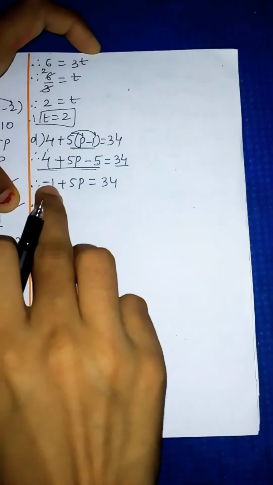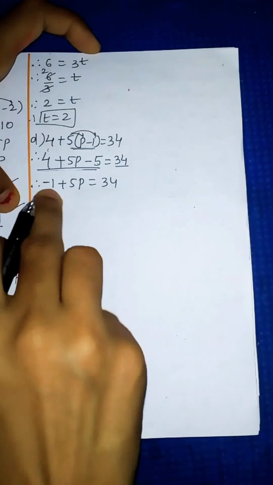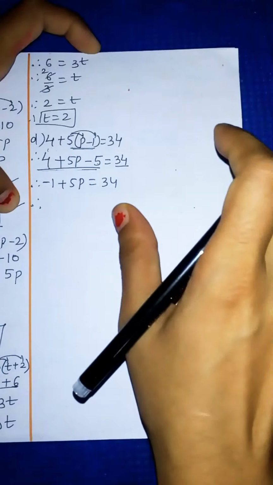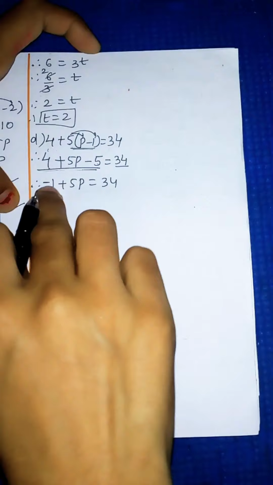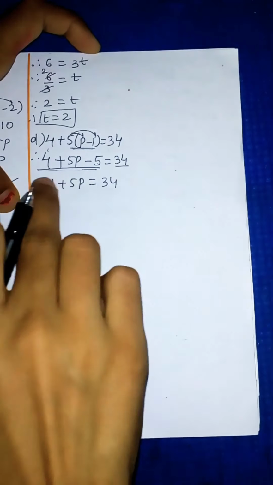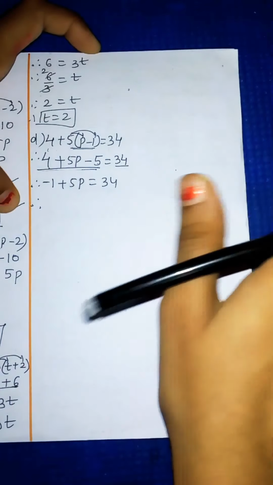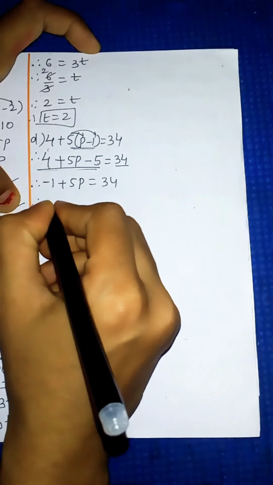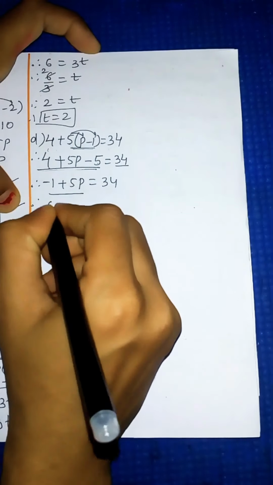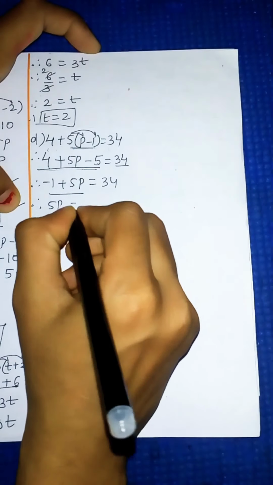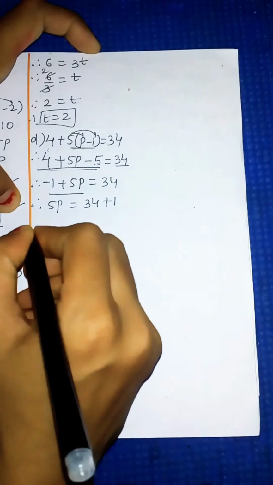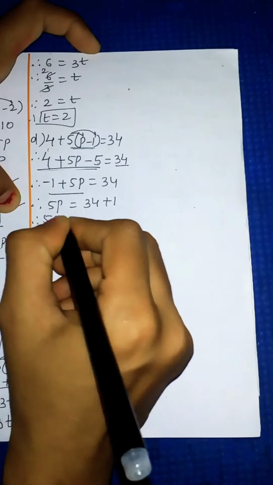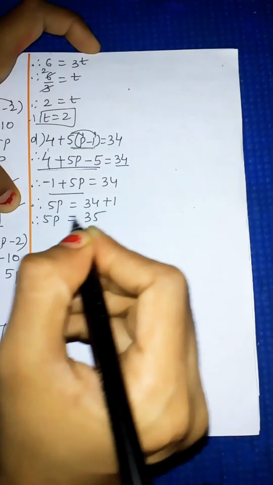Now this minus 1 we have to remove so we will get the value of the variable p. So minus 1 we will take that side. Number we will keep with number so that we can solve. So minus 1 when we take here, it will become plus 1. So this side only 5p will be left and this side 34 plus 1.